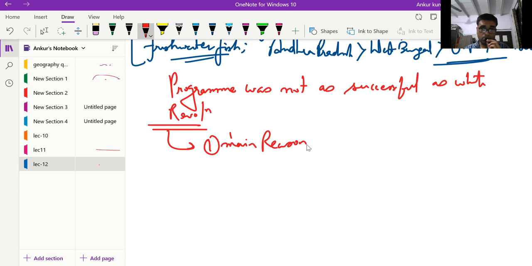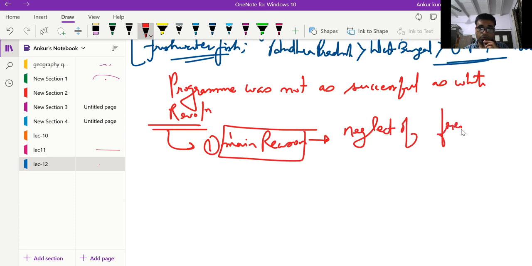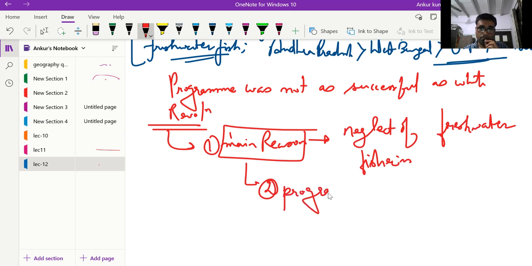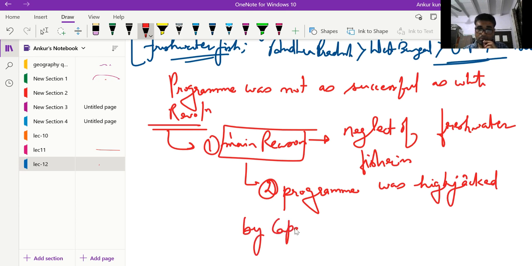The main reason was the neglect of freshwater fisheries. And the second reason was that the program was hijacked by the capitalist class.